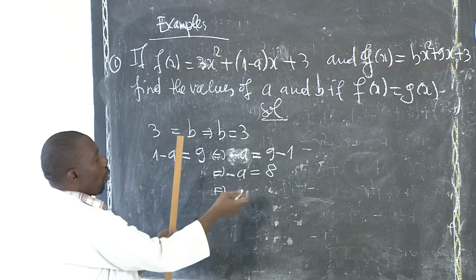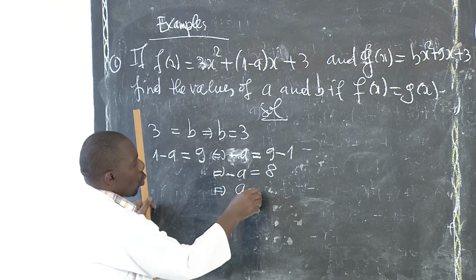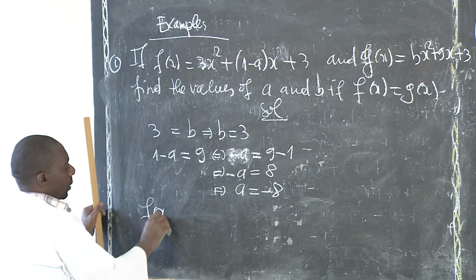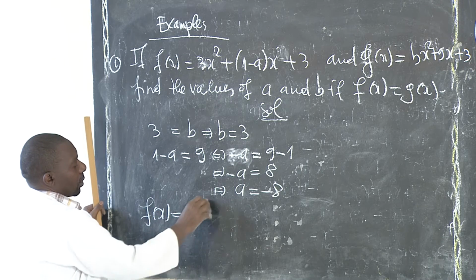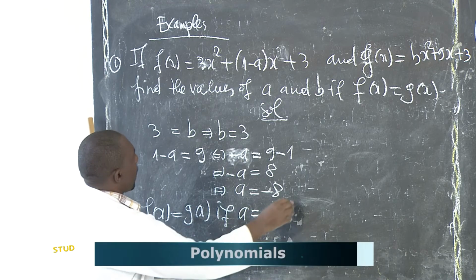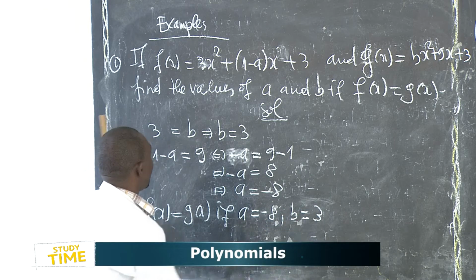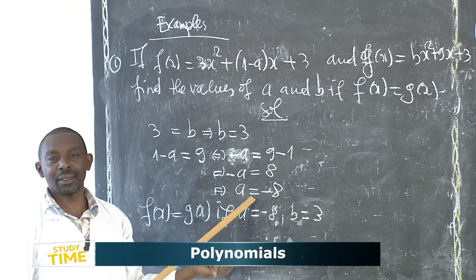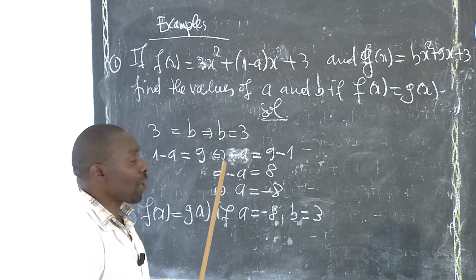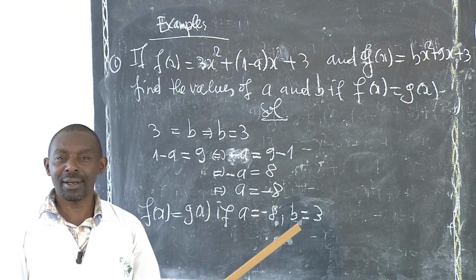Multiplying by minus 1 both sides, a is equal to minus 8. It means f of x equals g of x if a equals minus 8 and b equals 3. Is this difficult? Not at all. It is very simple. Would you like to have another example?